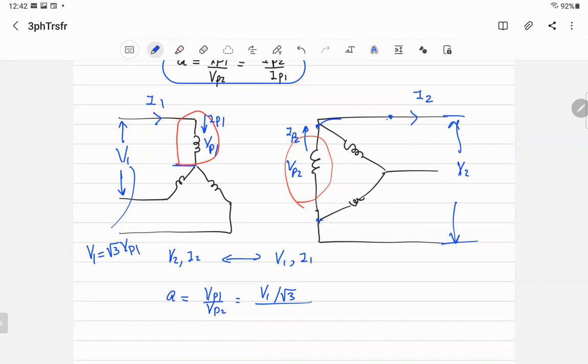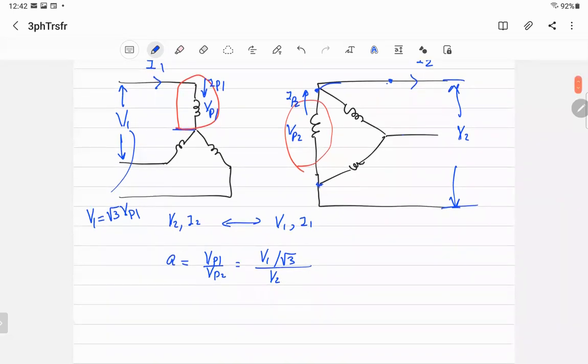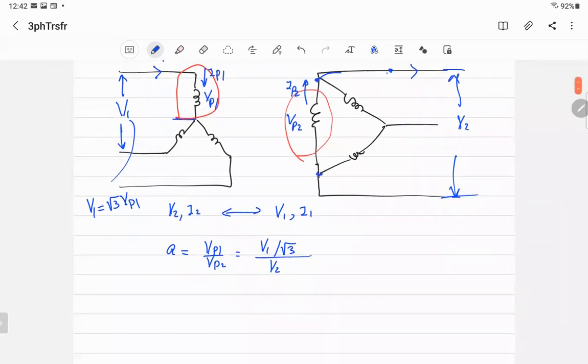So this point here and this point, you go there, so it's the same. So in delta, V2 is equal to V phase 2. So I'll write V phase 2 is equal to V2. All right. So now I can say A is equal to V1 over root 3 V2.